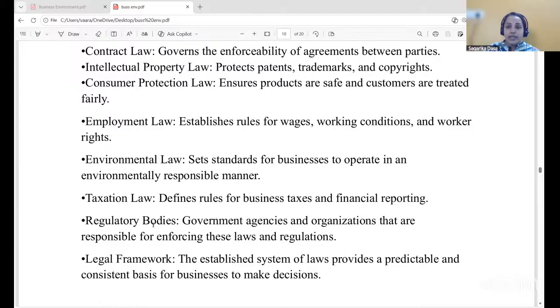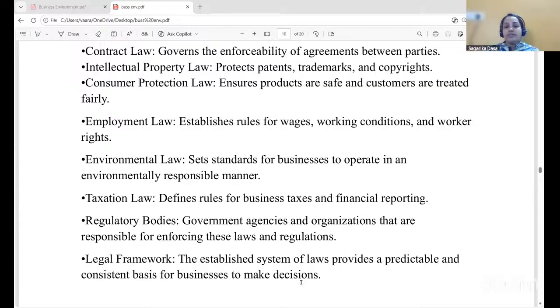Regulatory bodies: if it is a bank, they have to follow RBI rules and regulations. If it is an insurance company, they have to follow IRDA rules and regulations. If it is the telecom industry, they have to follow TRAI rules and regulations. So, like that, regulatory bodies. Legal framework: an established system of laws provides a predictable and consistent basis for businesses to make decisions.